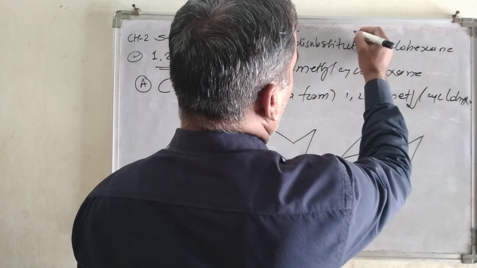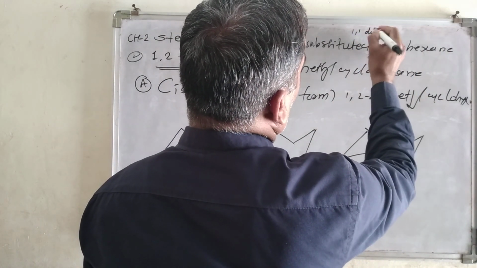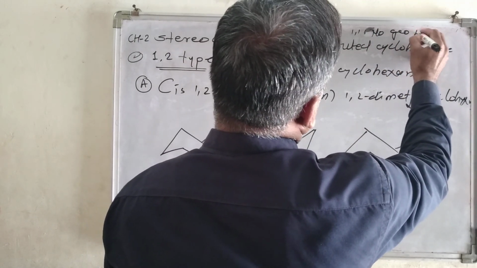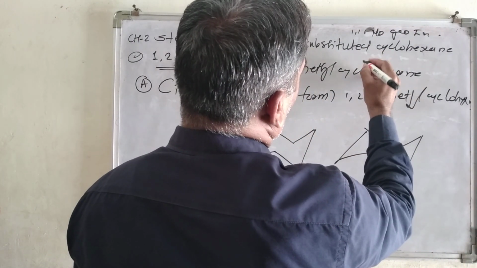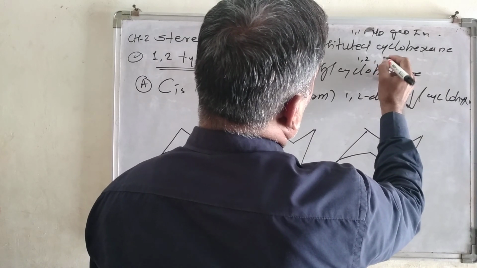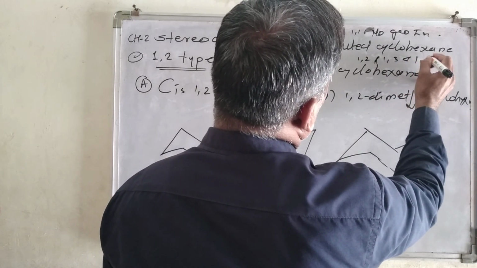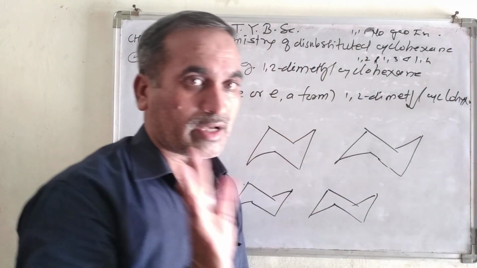Remember, only 1,1 has no geometrical isomerism, but 1,2, then 1,3 and 1,4 show geometrical isomerism.